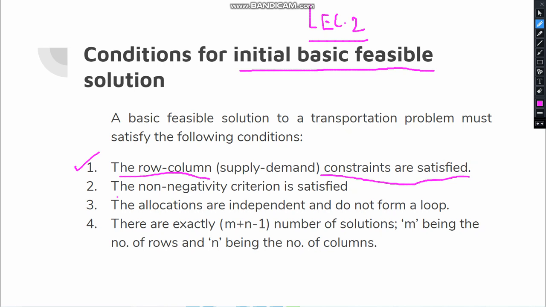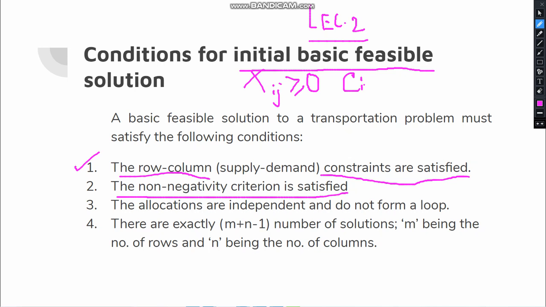The non-negativity criterion means the units or quantities which are going to be transported should always be greater than or equal to 0. That means this xij will be greater than or equal to 0. That is what we mean by non-negativity.